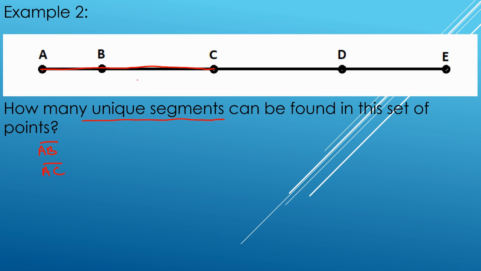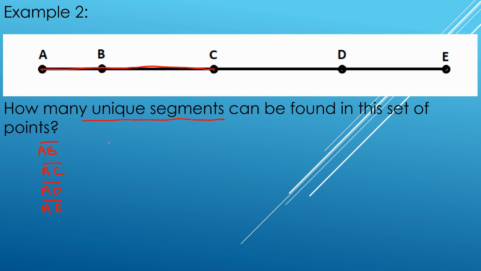There's a lot here. It doesn't seem like it, but there's a lot of segments in this picture. How about A going all the way to D? And A going all the way to E? Are there any more segments that use A? I think that is it.